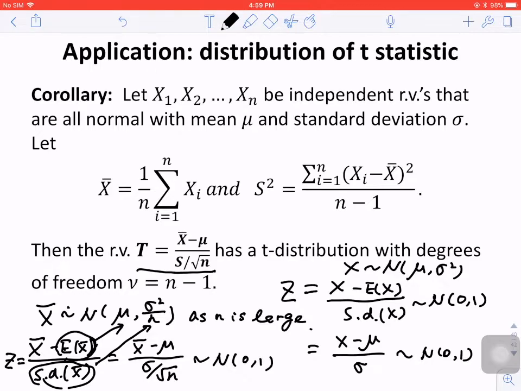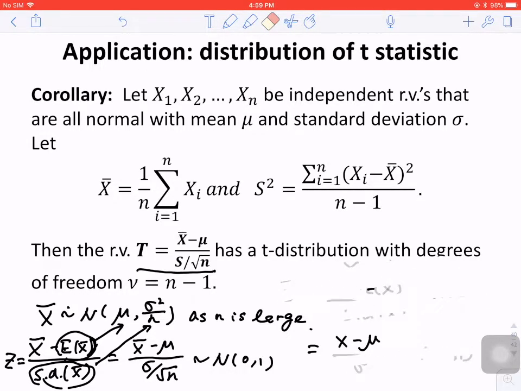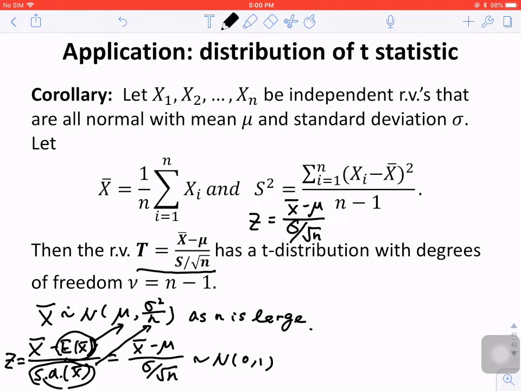Now I'm going to just erase them and write it down here. So z is equal to x bar minus mu divided by this stuff, right?